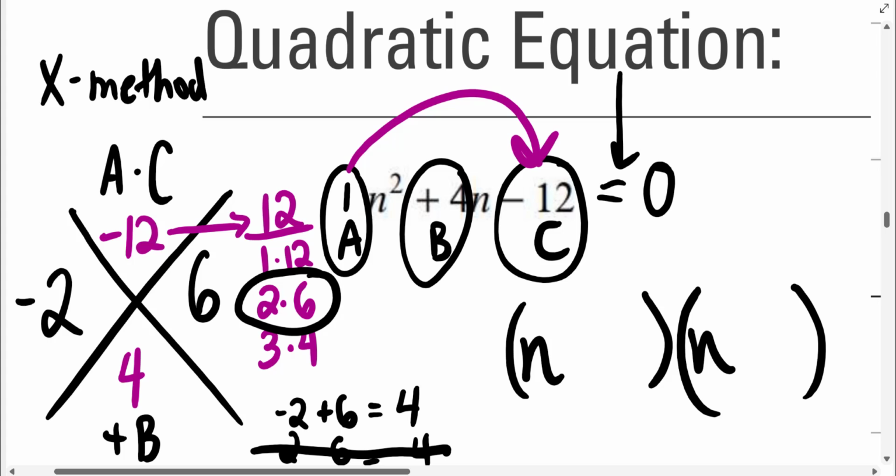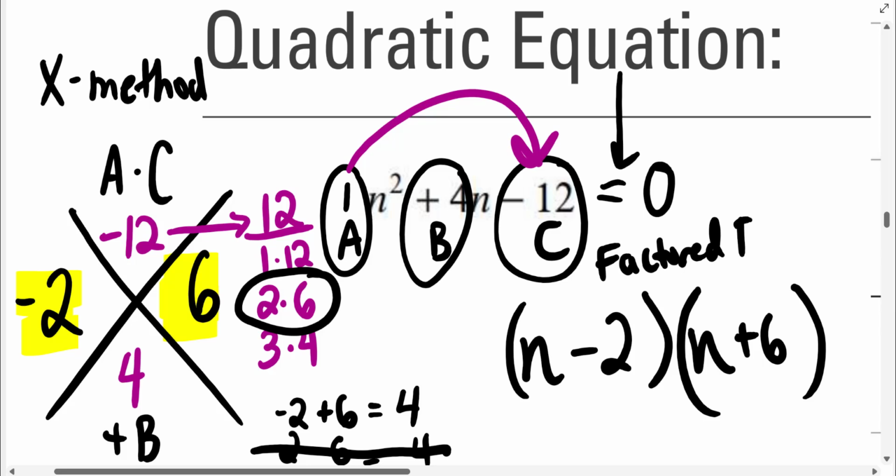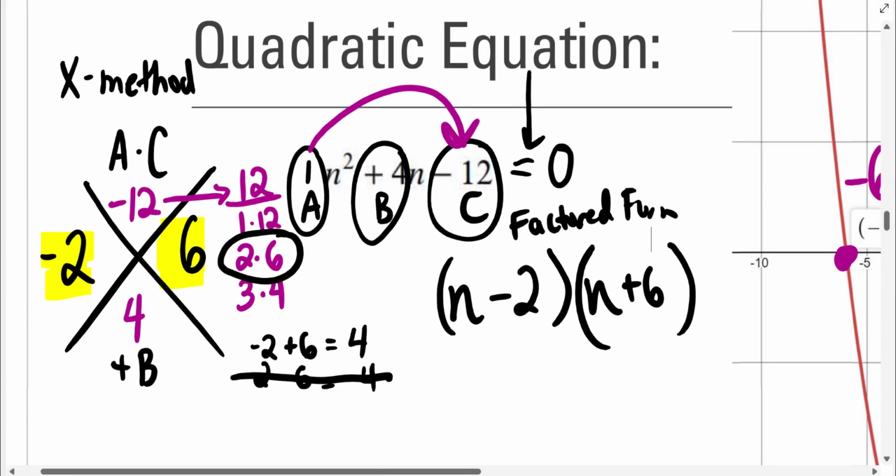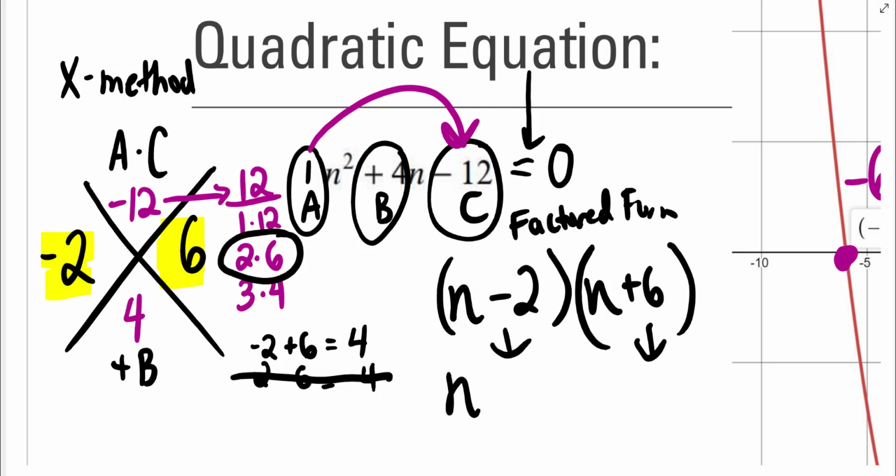And then I'm going to write down the 2 answers that we got, -2 and +6. This is called factored form, but I want the solutions. That means either you can set these equal to 0, or the faster way is to just change the sign. So if it's a -2 there, now it becomes positive.